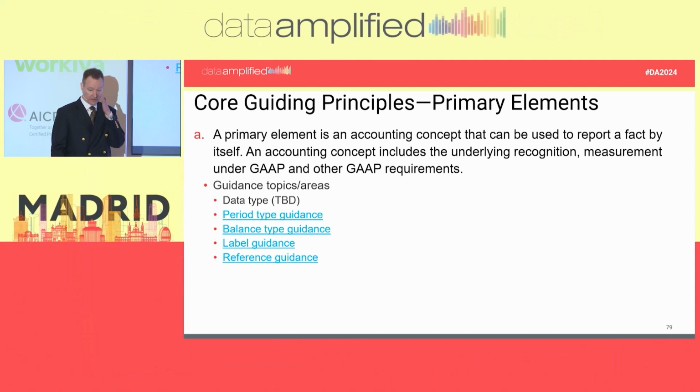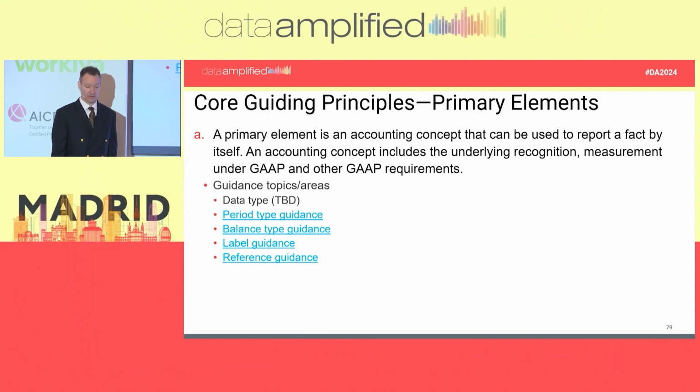And just taking a little deeper dive. So when we say that the primary elements are coming from the GAAP requirements, we have other aspects of how we model them. And so I have listed out guidance that we currently have on our site, which anyone is free to access and read.